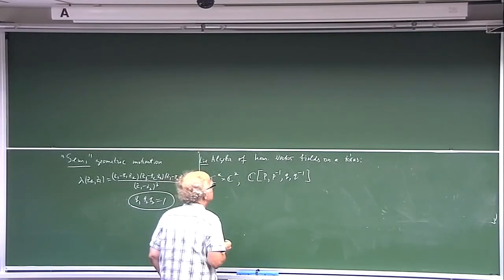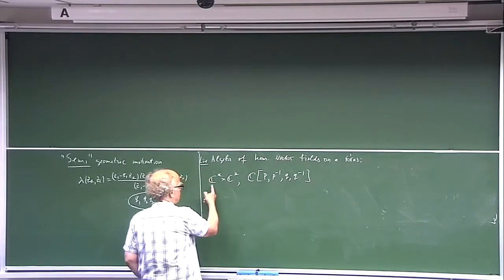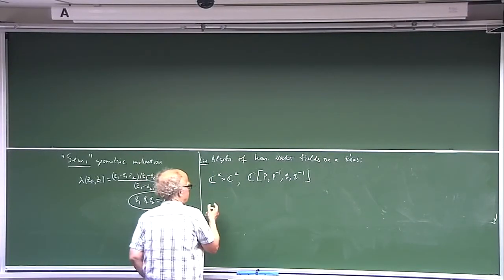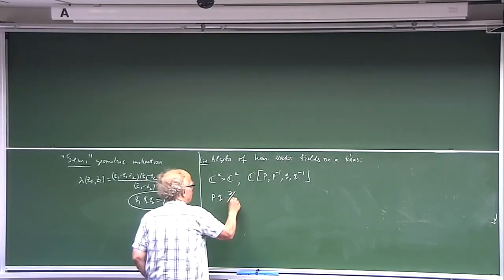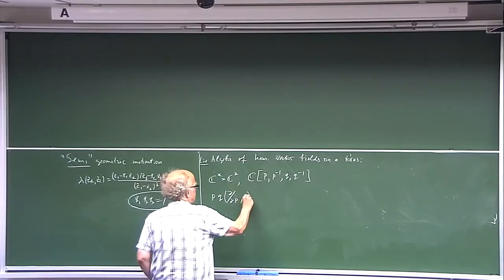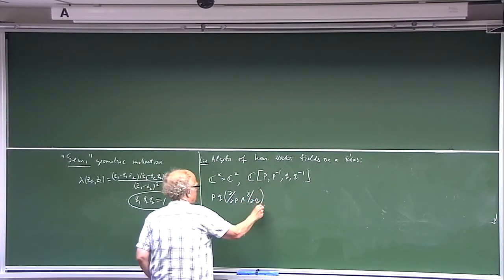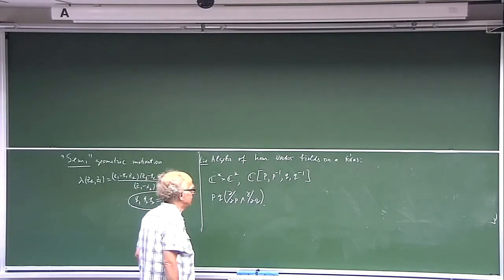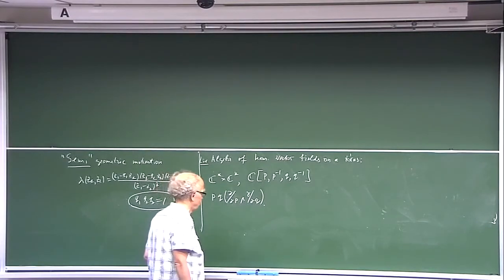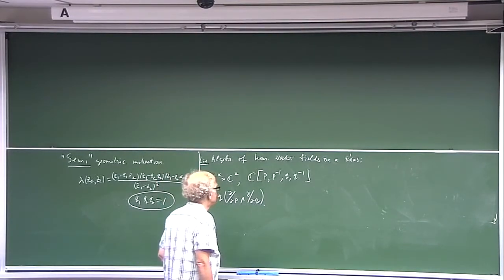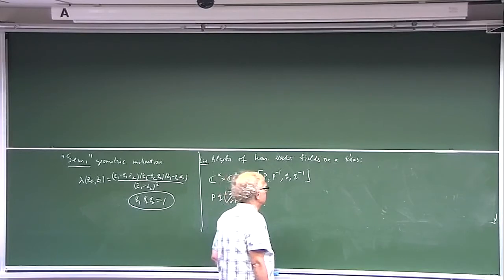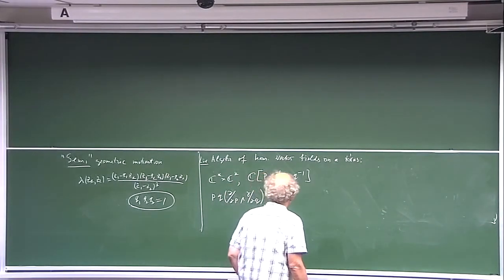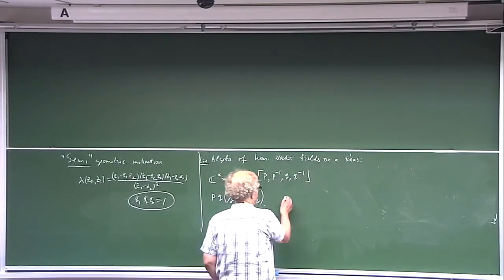And the Poisson structure here is very simple. It was PQ d over Q. Not to repeat the structure, but it is not very complicated.